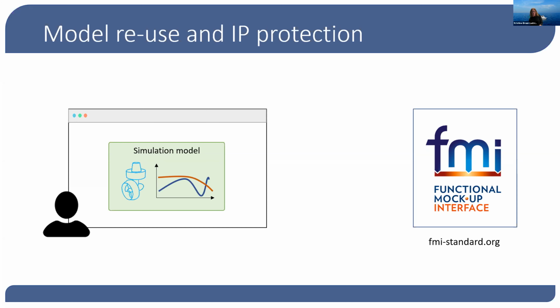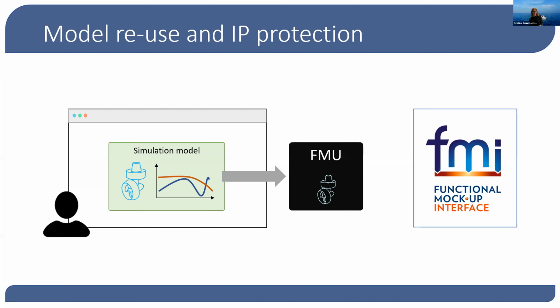Say that you have a model in your simulation tool, and this tool has FMI support. Then you can export it as a Functional Mock-up Unit for use together with others.